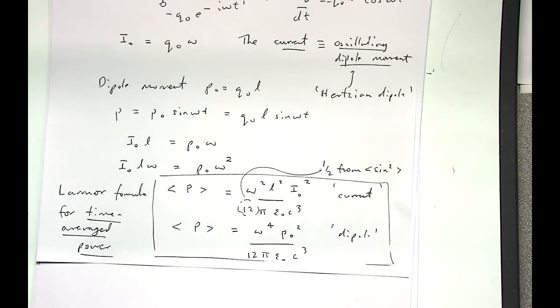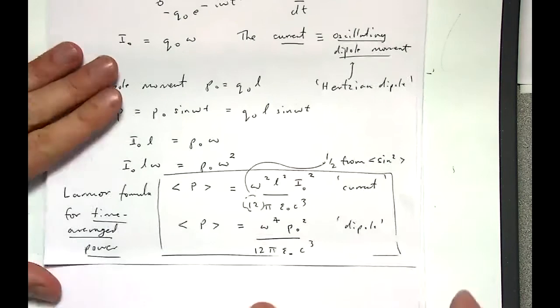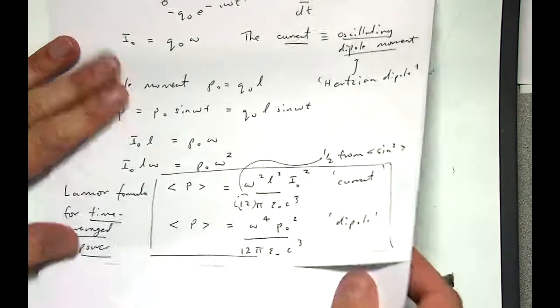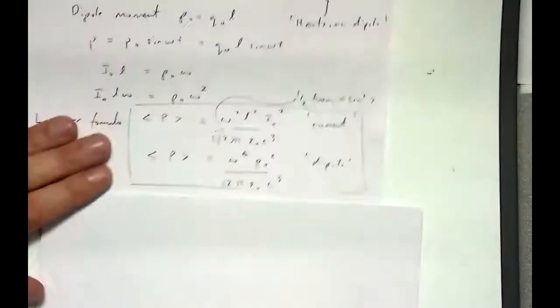It's absolutely enormous. Right? And that's a very important power to see. That omega to the fourth will appear later. Okay? But the statement is if I have a certain magnitude of dipole, I can imagine a certain amount of charge moving around over a certain distance. If I change the frequency by some factor omega, the power changes by omega to the fourth. It's enormous. Okay. Now, we will come back to that later.